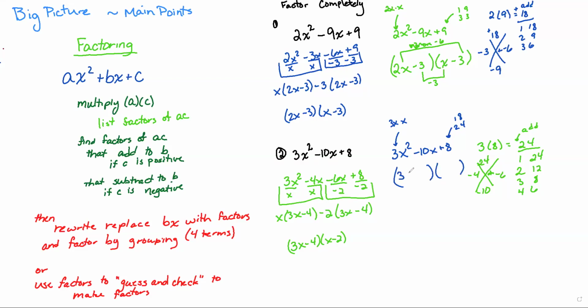I'm going to do a 3x and an x. Thinking other color because it gets messy. So 3 times something has to either equal negative 6 or negative 4. 3 goes into the 6. It doesn't go into the 4. So this is negative 2.